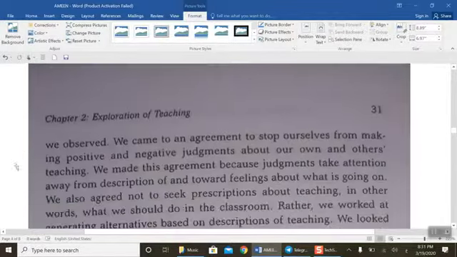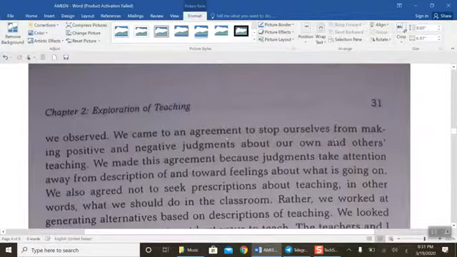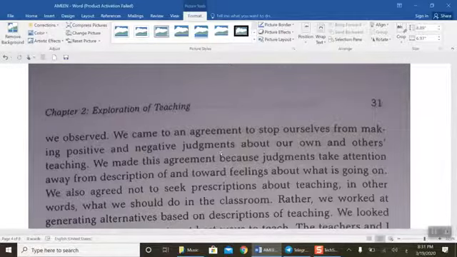We came to an agreement to stop ourselves from making positive or negative judgments about our own and others' teaching. This is the point we mentioned at the beginning: not judgmental. No judgments. We came to an agreement to stop ourselves, meaning no one says, you, your method is like this or like that.